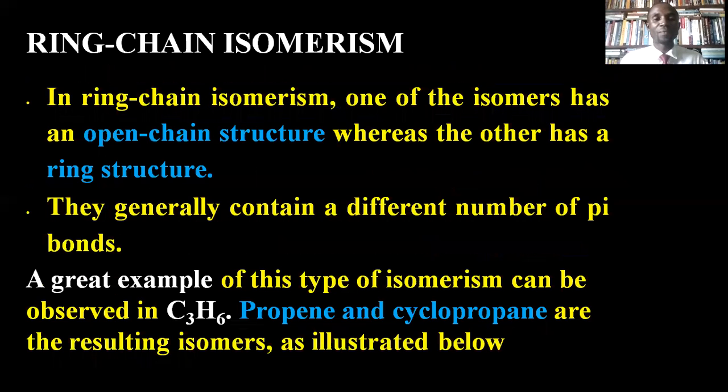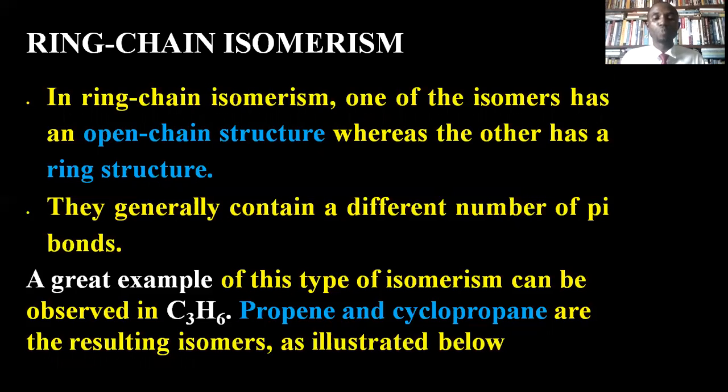All right, we have another one, chain isomerism. All of these are under structural isomerism. Chain isomerism has to do with isomers where one has an open chain structure, whereas the other one has a ring. So one is open, one is ring. The same chemical formula, but you can write it in an open chain structure and a closed chain structure. That is the only thing that is different about it.